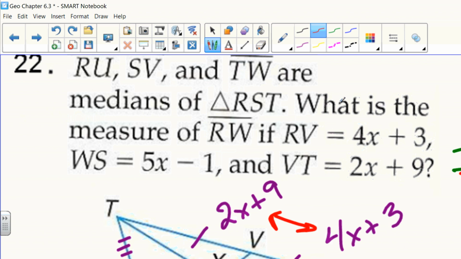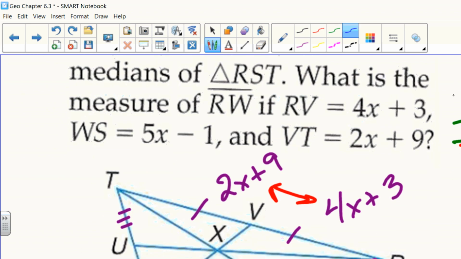So 9 is equal to? Nine minus 3 is? At this point, we can divide both sides by 2 and say that x is equal to. Any questions on how we found the value of x?